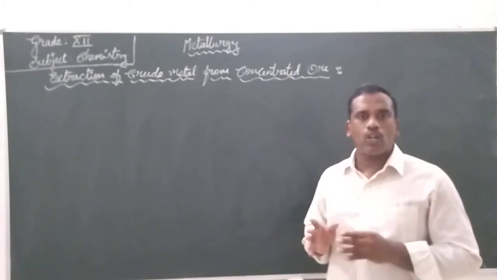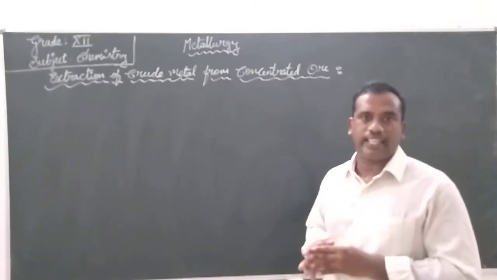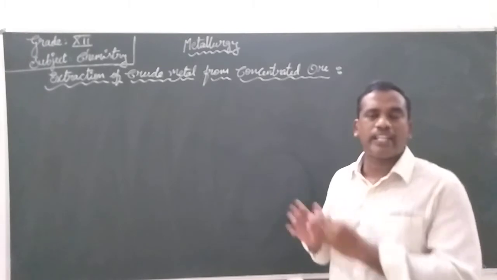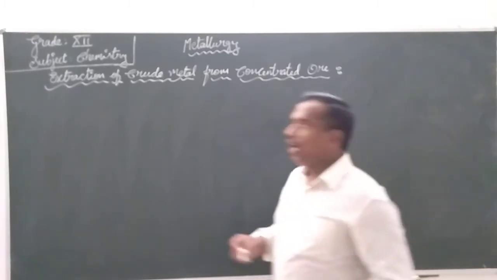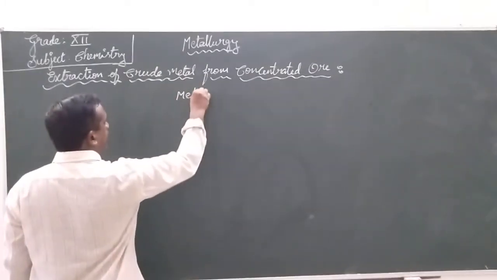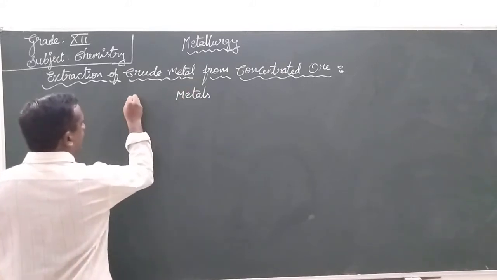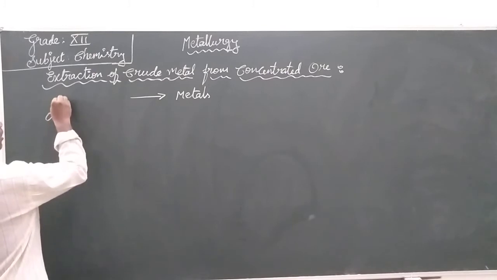These ores can be extracted into the metal easily from the metal oxide. How can the metals be extracted? The metals can be extracted from the ore of the metal oxide.